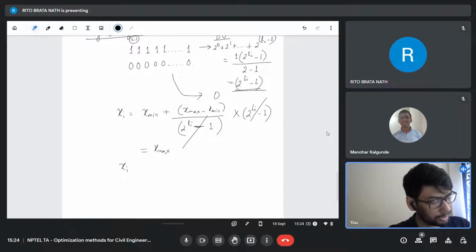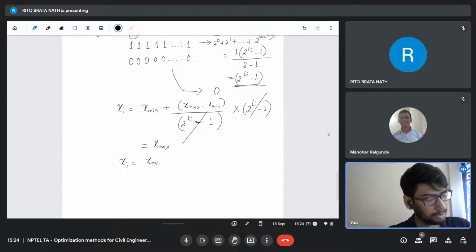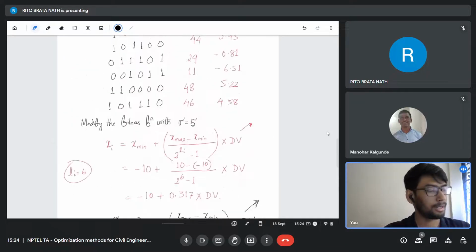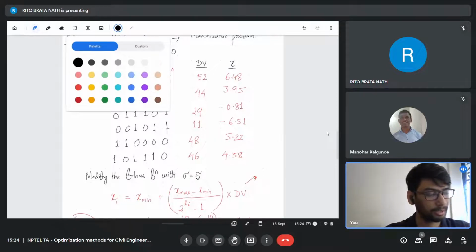Similarly, if you put the other one, which is 0, then if you put this dv value here, you will be left with x min. So that means once you convert it, it cannot go beyond this bound. It has to lie between x min and x max. So that's just a verification that it should be between minus 10 and plus 10 here. Otherwise, you have made some mistake for sure. So that's the thing. All right. So I think this is clear now.